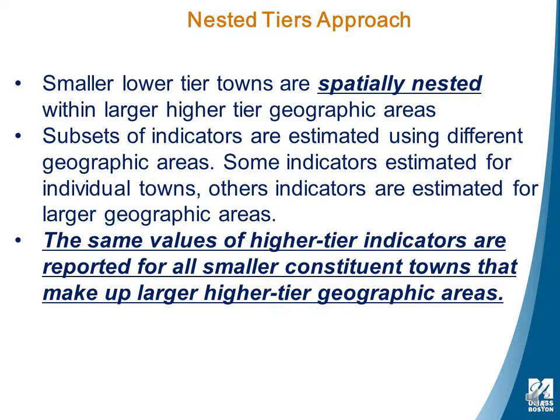Other indicators are estimated for larger geographic areas. The third point I want to make is very important to understand. The same values of higher tier indicators, which are estimated for larger geographic areas, are reported for all of the smaller constituent towns that make up those larger, higher tier geographic areas.